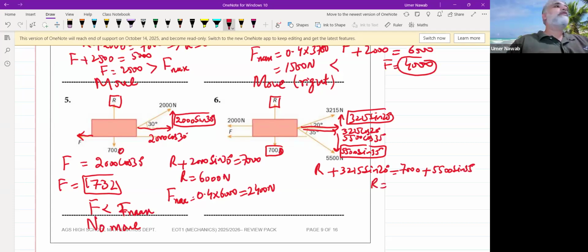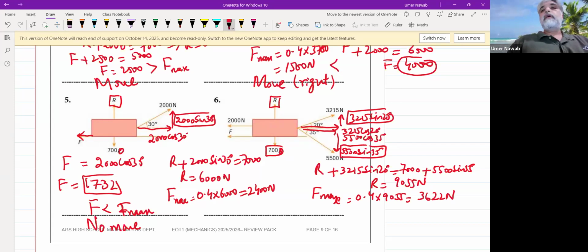By using the equation solver, R comes to 9055 newtons. Now, F max is what? F max is mu R, which is 0.4 times 9055. F max equals 3622 newtons approximately.